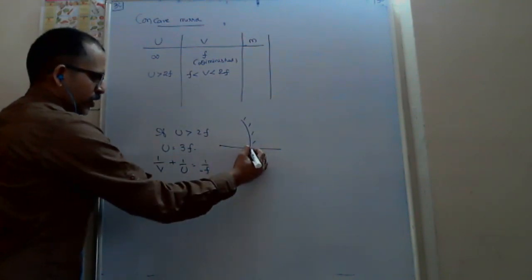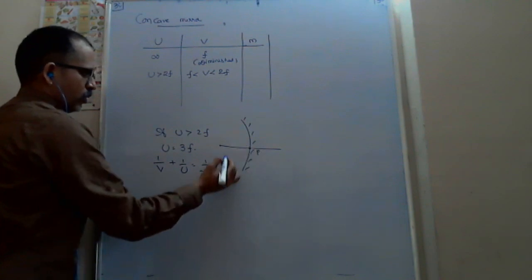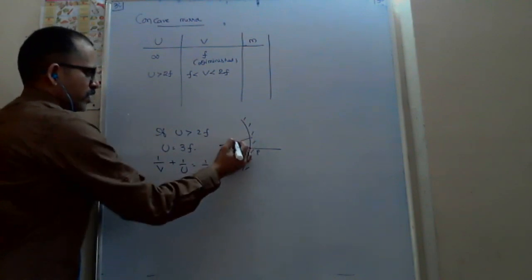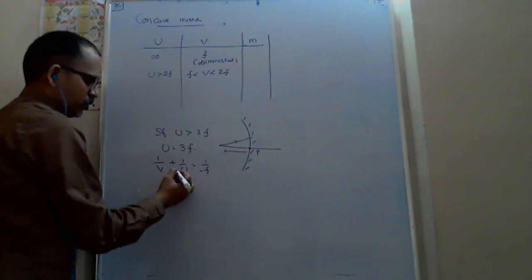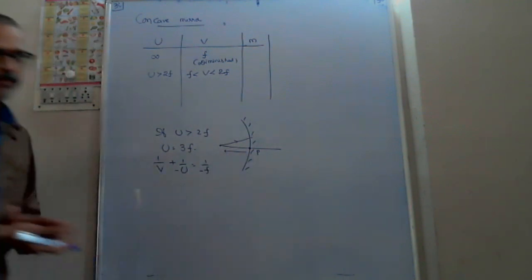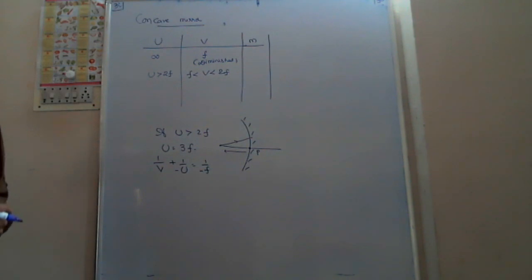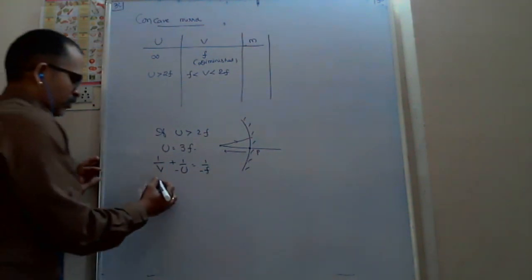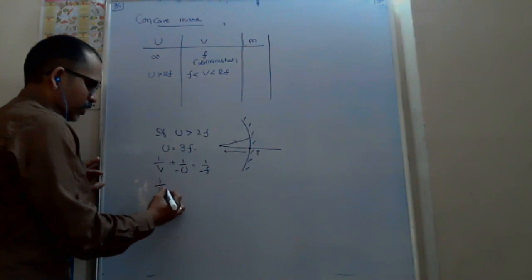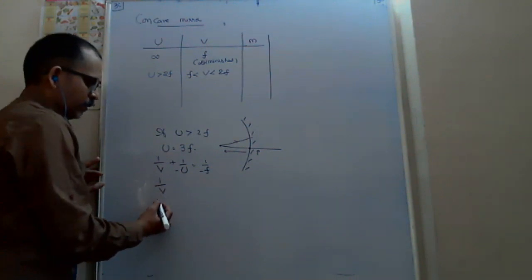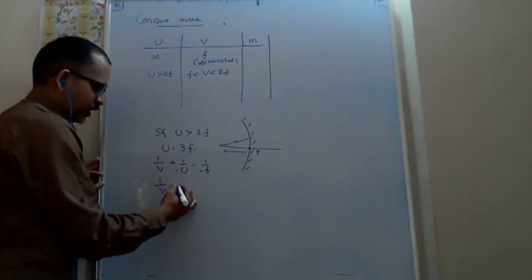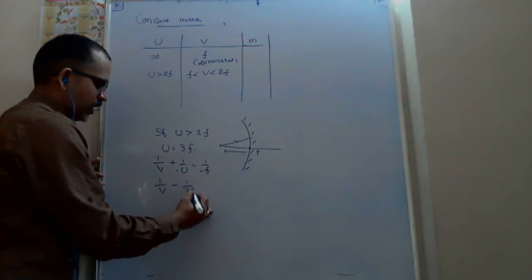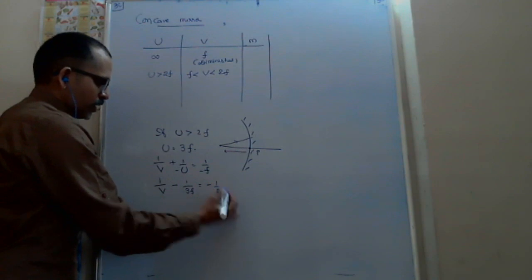The light rays incident towards the right, we measure in the opposite direction, so u is negative generally. Then 1/v minus 1/(3f) equals 1/f.